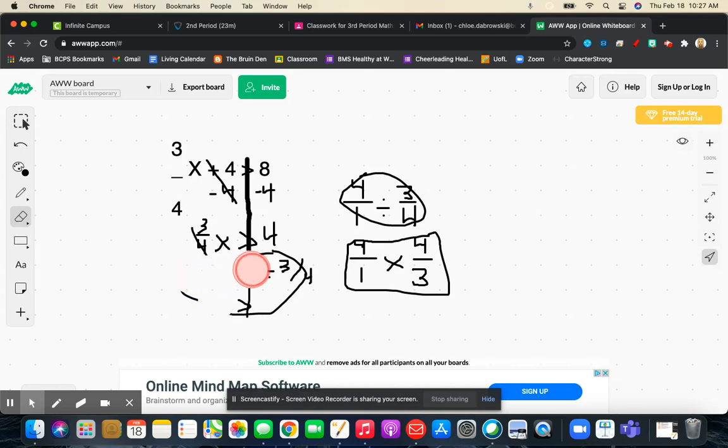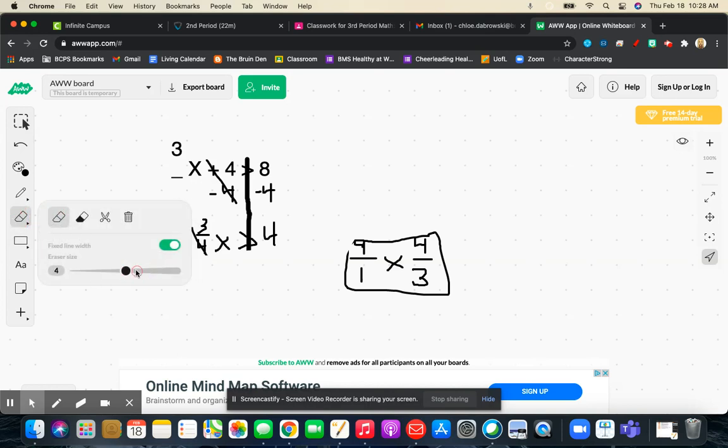Instead of dividing by our fraction, I'm going to erase that, because again, we want to get to 4/1 times 4/3. Anytime that you have a fraction, instead of dividing by the fraction and going through keep, switch, flip, we're just going to multiply both sides by the reciprocal.